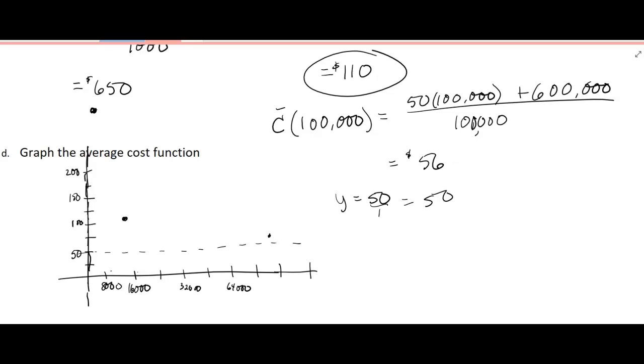So it's going to do something like this kind of graph, approaching that average cost of 50. That's kind of what the graph looks like. That's really all we were doing.